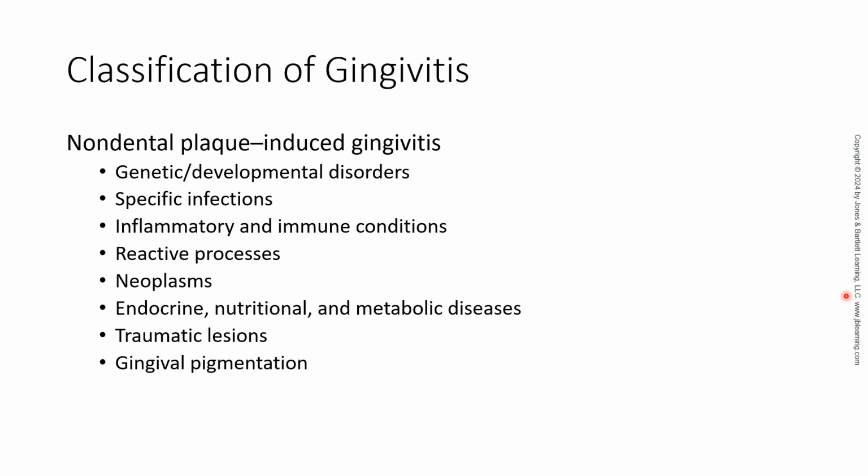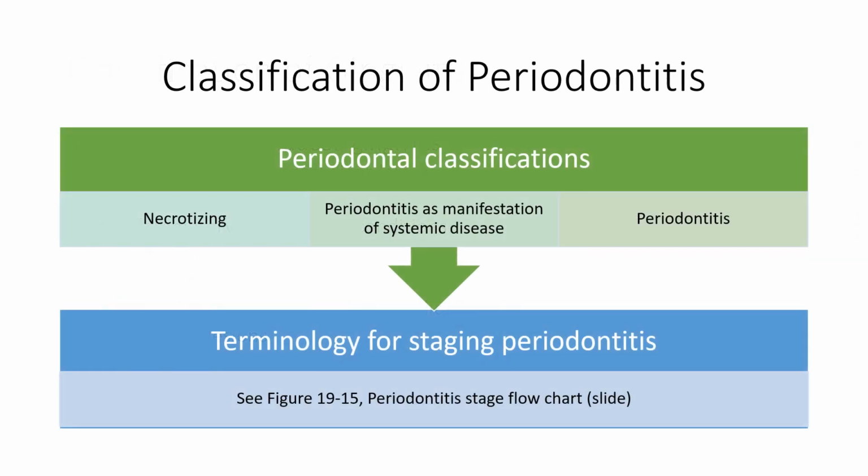Those are all causes of non-dental plaque-induced gingivitis. Necrotizing periodontal disease begins as an acute condition with rapid tissue destruction. It's characterized by pain and ulceration of the gingival margin with punched-out papilla.